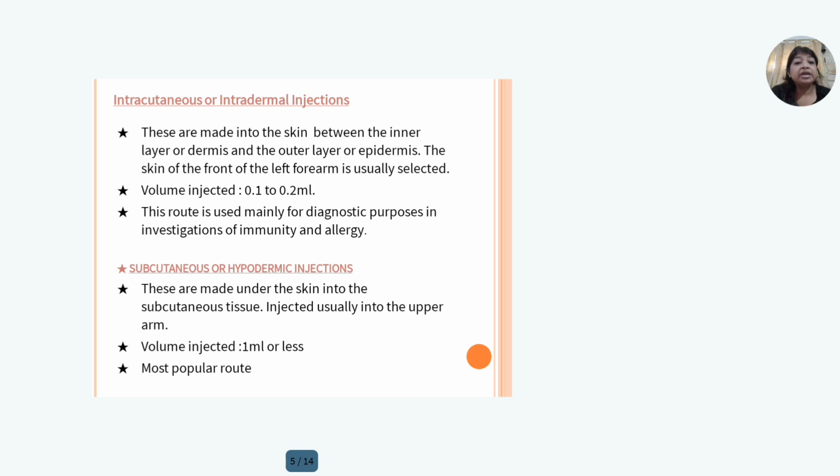Then it is followed by the subcutaneous or hypodermic injections, and the volume here is about 1 ml or less. These are made under the skin into the subcutaneous tissue, and it is one of the most popular routes of administration of parenteral products.